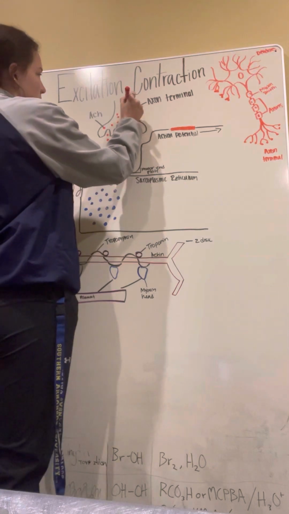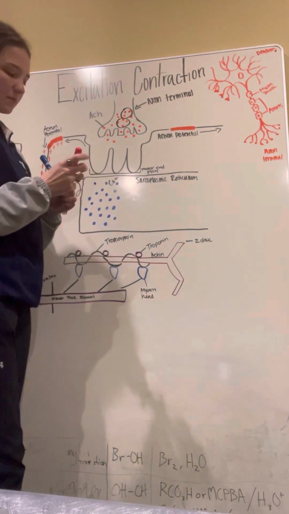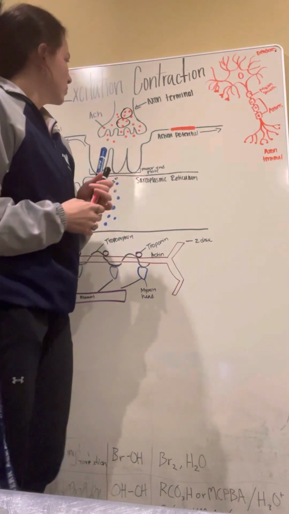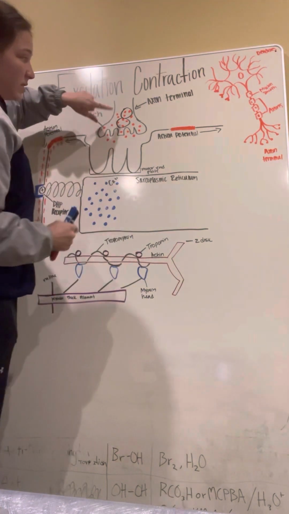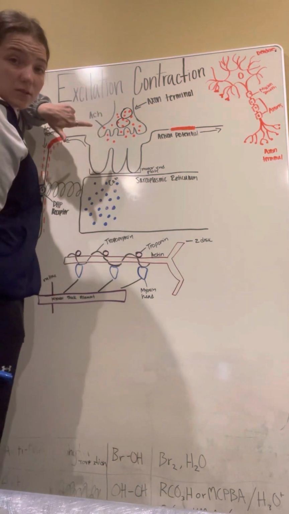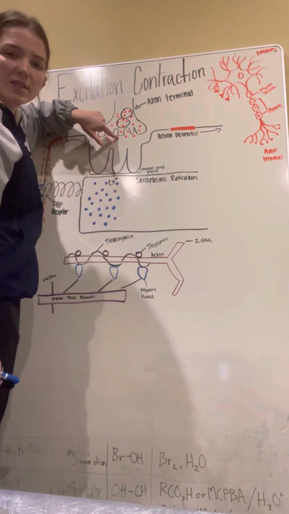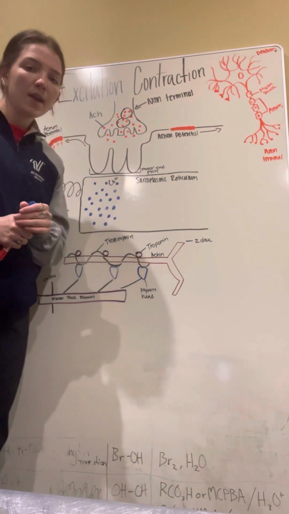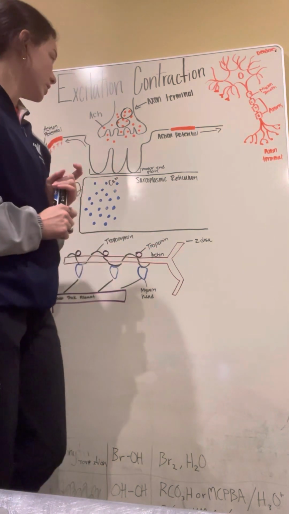So these guys right here, these little black circles, are synaptic vesicles, and they're going to be our cars. So the Ubers, or the cars, are going to take these passengers, or the ACH, down, and they're going to bring them to this destination right here. They're going to drop them off, and now the ACH is on its own. Those passengers are on their own.